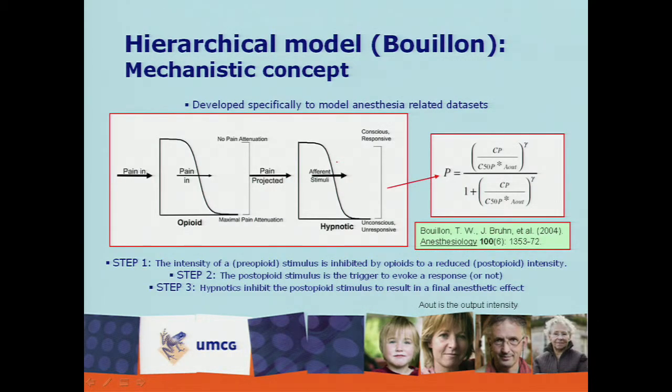Next to this, Thomas Bouillon and co-workers had another idea based on an editorial in Anesthesiology that was written on the two universes of anesthesia. You have the hypnotic component and you have the analgesic component. So that's not one universe.